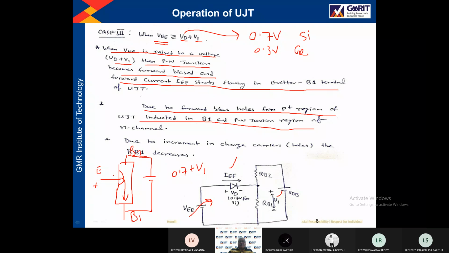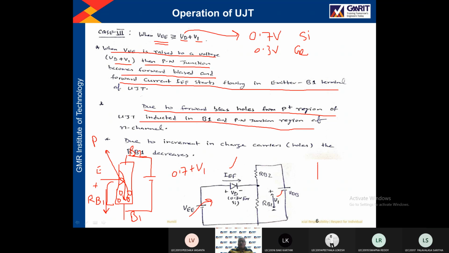This is a P region. Due to the forward bias, the holes in the P region will move towards this region. Holes are conductive in nature, so the conductivity of this section will increase. If conductivity increases, then the resistance, and this resistance is RB1, will decrease, right?